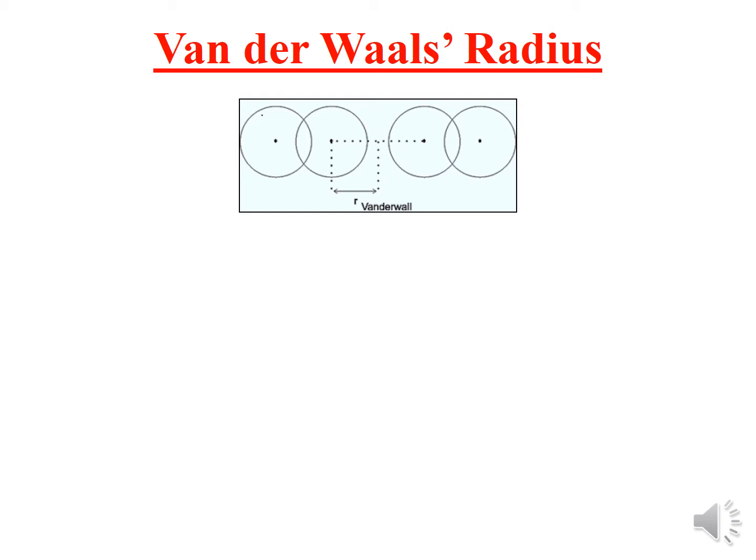Next we will discuss van der Waals radius. These are two molecules. Suppose we have to find the atomic radius of these two atoms. We will bring these two atoms or elements as close as possible. In this case there is no bond, so there are van der Waals forces of interaction.